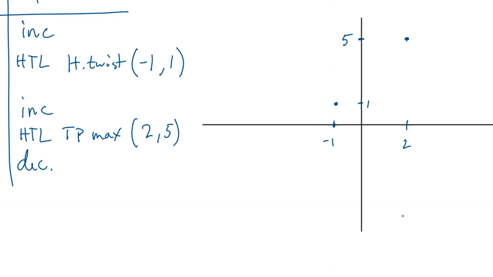That's a turning point with a max. This is a twist. So what does this have to look like? Something like that, right? It didn't give us the x-intercepts, so I can't label them.